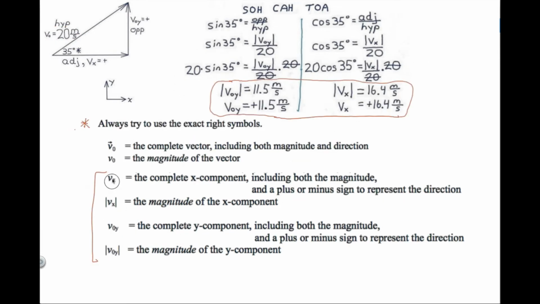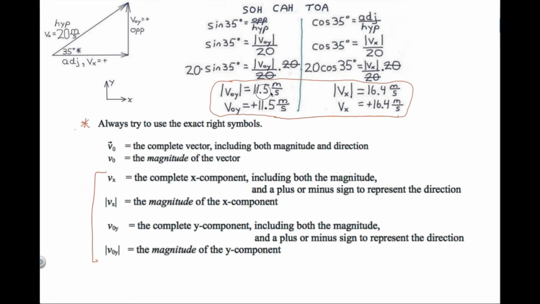When you're dealing with vector components, a component symbol like Vx or Vy represents the complete component, including both the magnitude and a plus or minus sign to represent the direction. In contrast, the absolute value of the component stands specifically for the magnitude of the component, without a plus or minus sign.